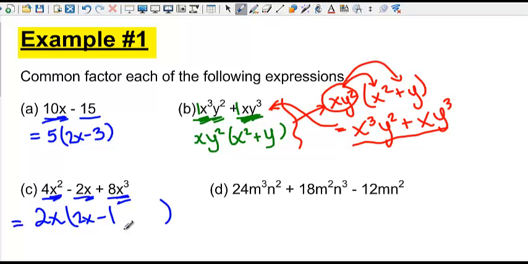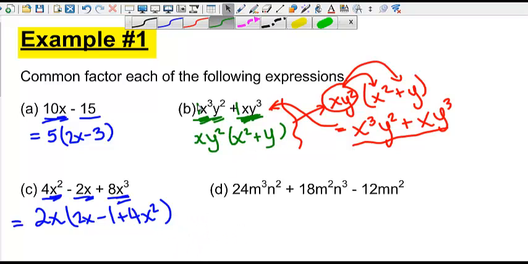I'm left with minus 1. It's kind of like a placeholder. We divided 2x by itself, so 1 is left in its place. 8 divided by 2 is going to be a 4, and x cubed, if I took one of the x's away from it, would leave me with x squared. And that, again, is factored fully. I could check it just like I did up here in red by doing distributive property, but I'm not going to do that. We're going to continue.